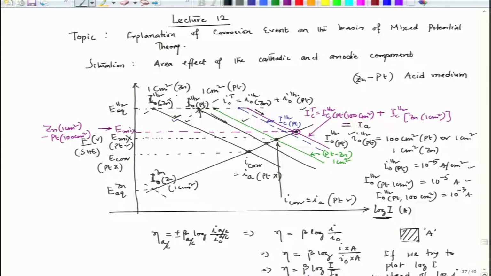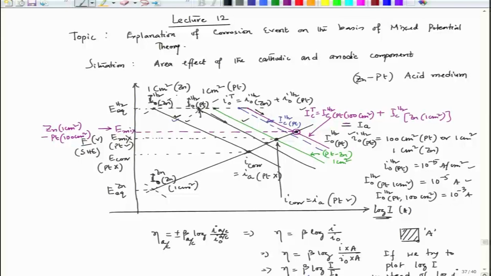And remember, as we mentioned before, the noble or cathodic component is decided by the reaction taking place on it. Here the cathodic reaction is hydrogen evolution, taking place over the platinum surface, and that is why platinum becomes cathode and zinc becomes anode.